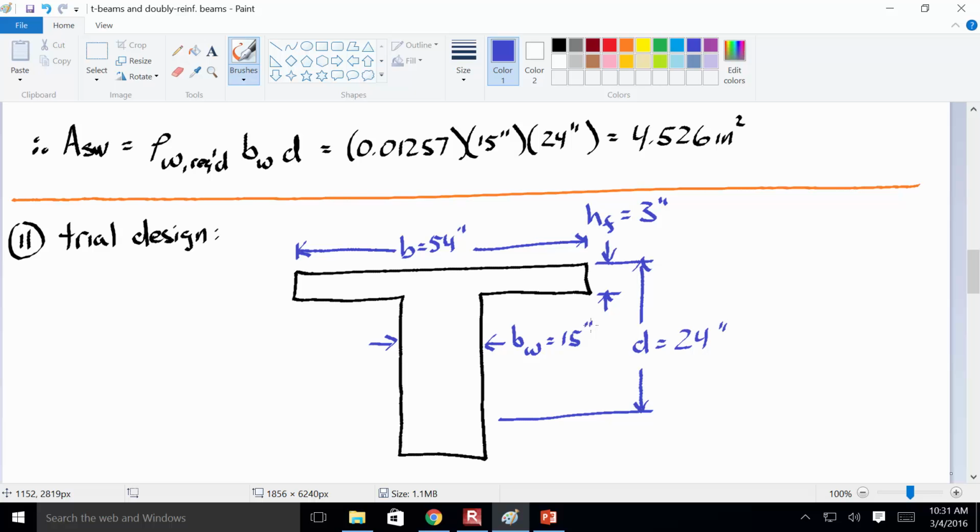Now, you all help me out with this because you all have the numbers in front of you. We calculated an area of steel for the flange and an area of steel for the web. Now, the area of steel for the web, I'm looking right at it, it's 4.526. What about for the flange? What was that?